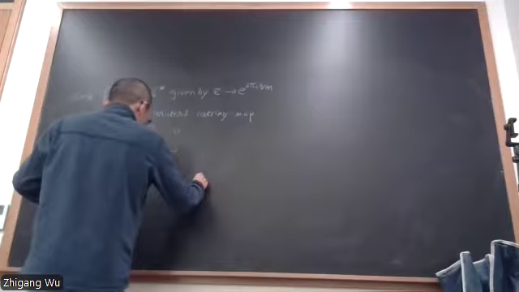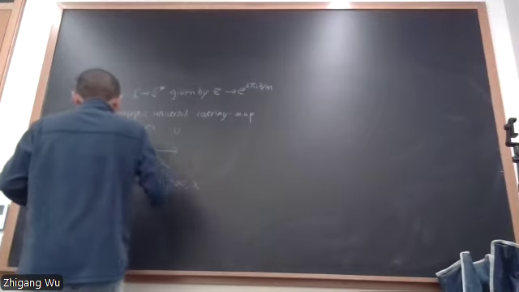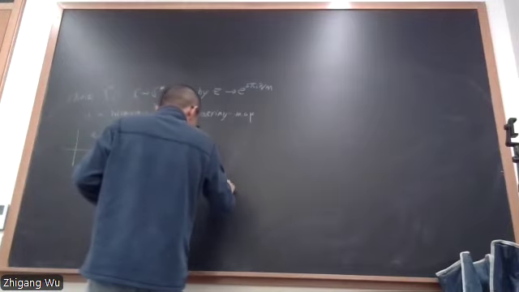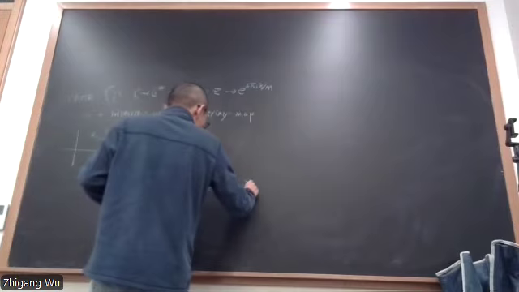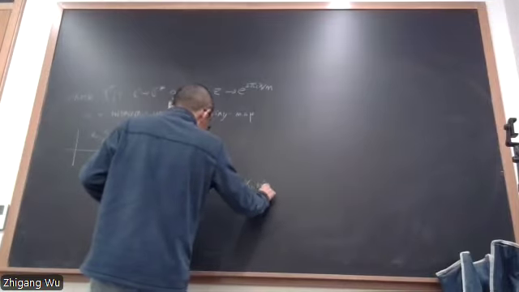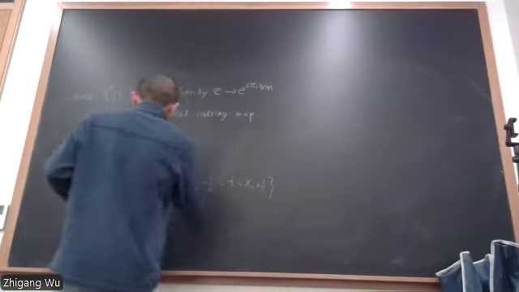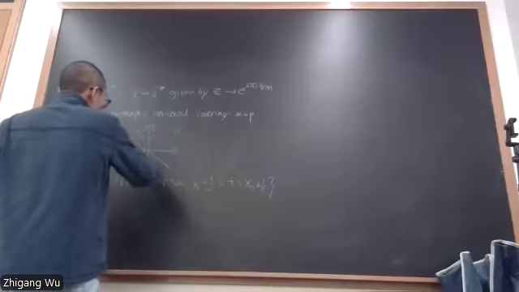And then we have t between x naught minus a half, not equal to I, because we want it to be not touching.